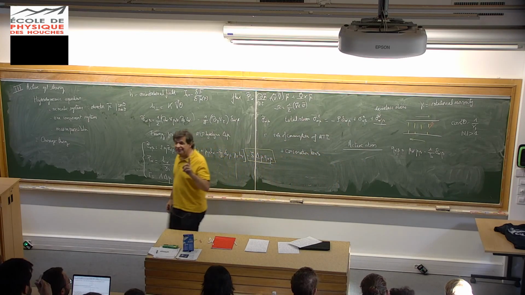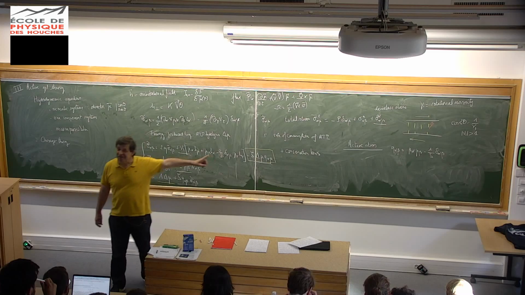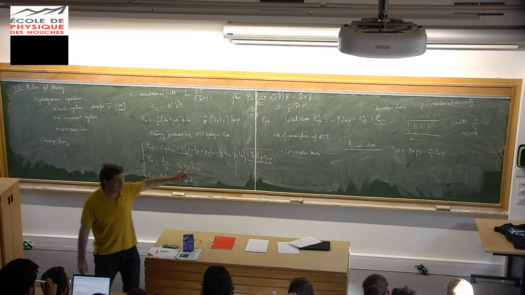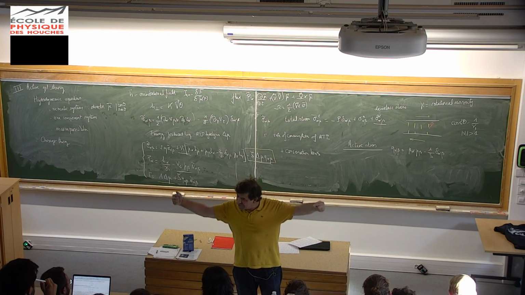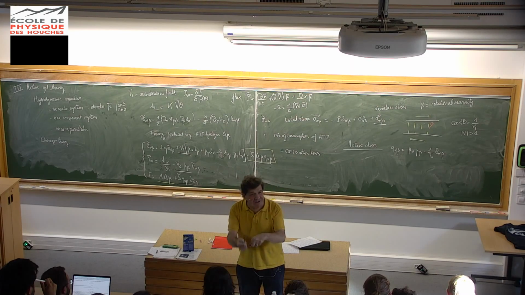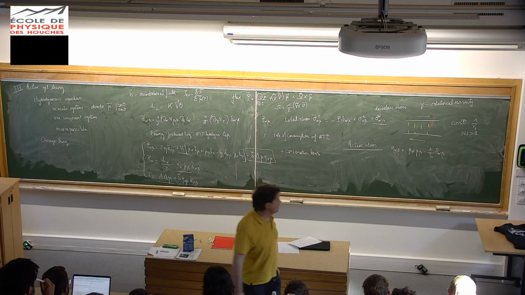The thing that I want to insist on is that this is not a pressure. It's not proportional to delta alpha beta. It's kind of a normal stress difference. If you're in 2 dimensions, it will contract the system in one direction and dilate it in the other direction.